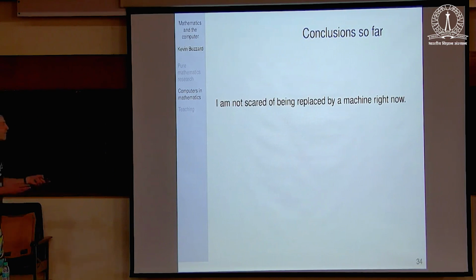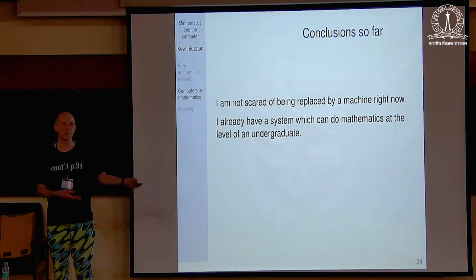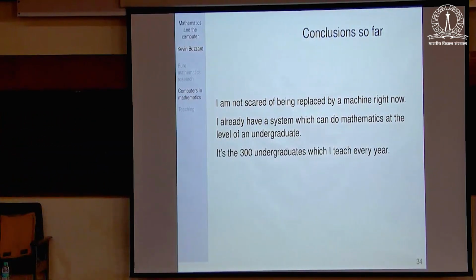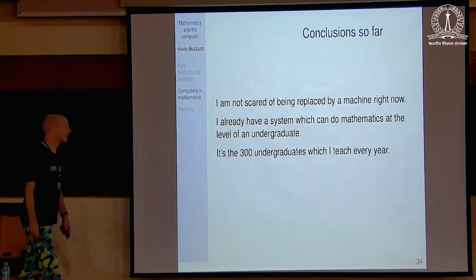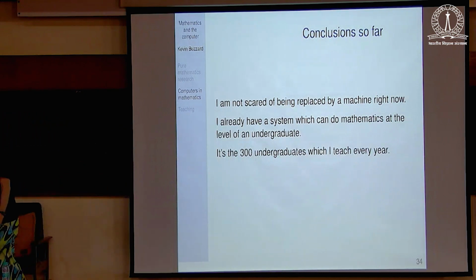But I kind of like that idea. So far, I'm not scared of being replaced by a computer, because I've already got a system that can do mathematics at undergraduate level, and it's all the undergraduates, right? Free and easy access to hundreds of gadgets that will do mathematics at undergraduate level. And if I want them to do something, I put it on the homework.